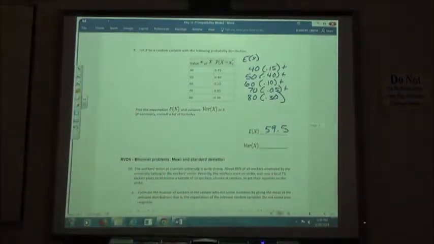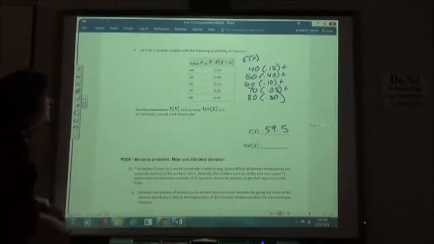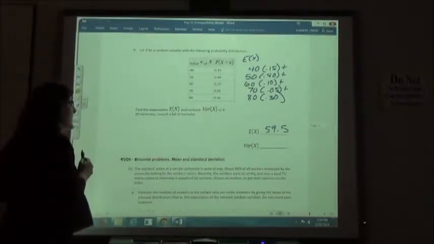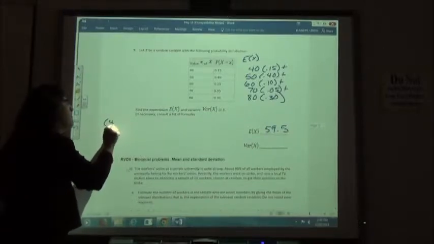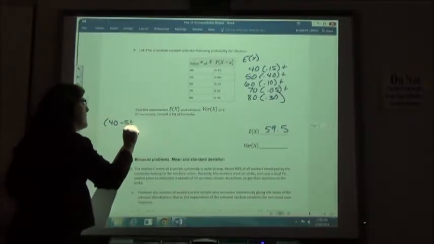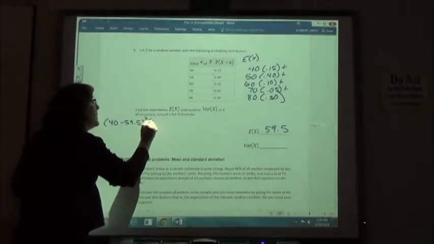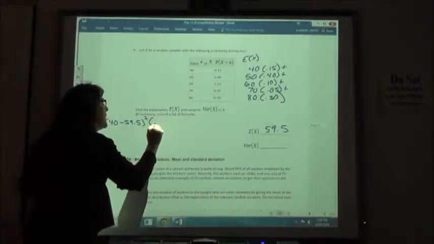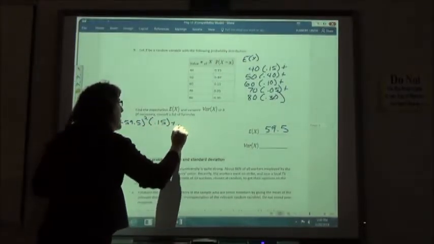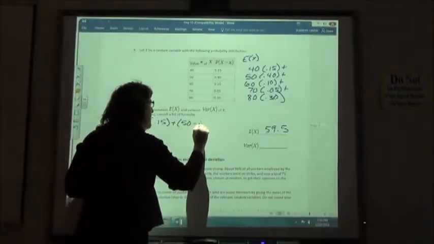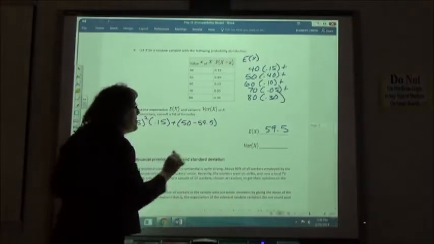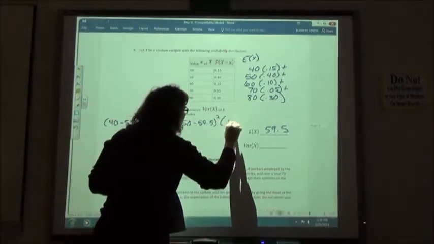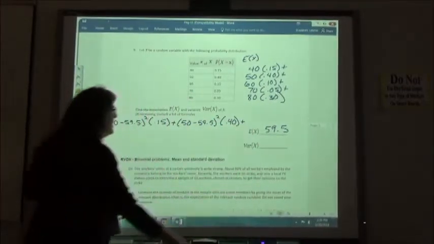All right, then we're going to do the variance. In order to find the variance, what are we going to do? Take 40 minus 59.5 squared times 0.15, plus 50 minus the 59.5 squared times our 0.40.